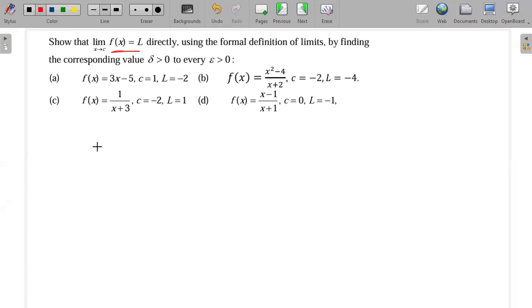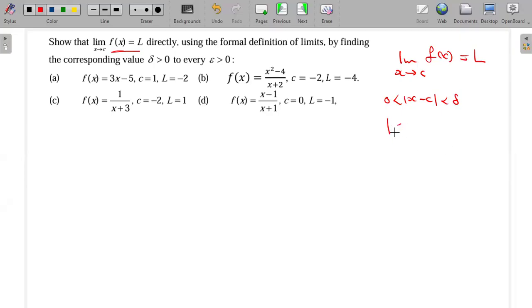You use the definition, and you must recall from the definition that the limit as x approaches c of the function f(x) is L. Using the formal epsilon-delta definition, for every epsilon greater than 0 there is a corresponding delta greater than 0 such that the modulus of x minus c is less than delta.